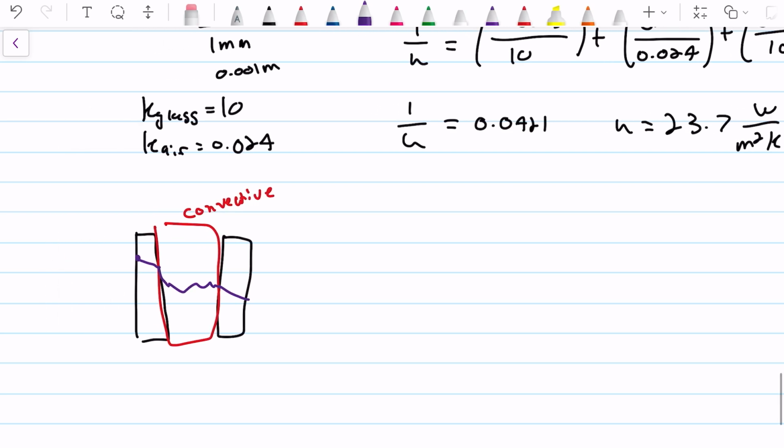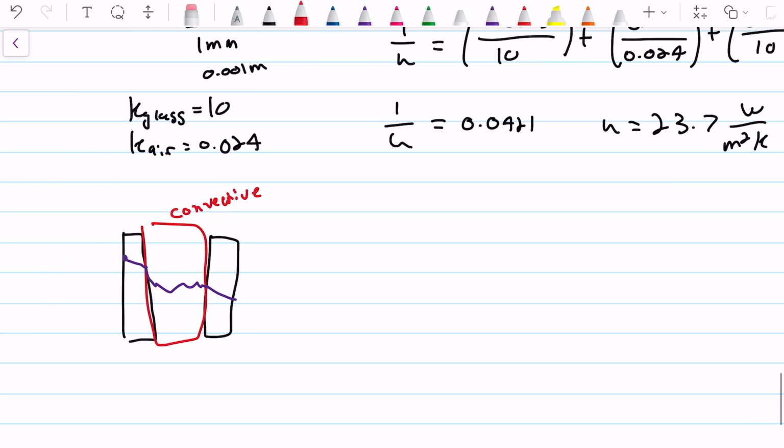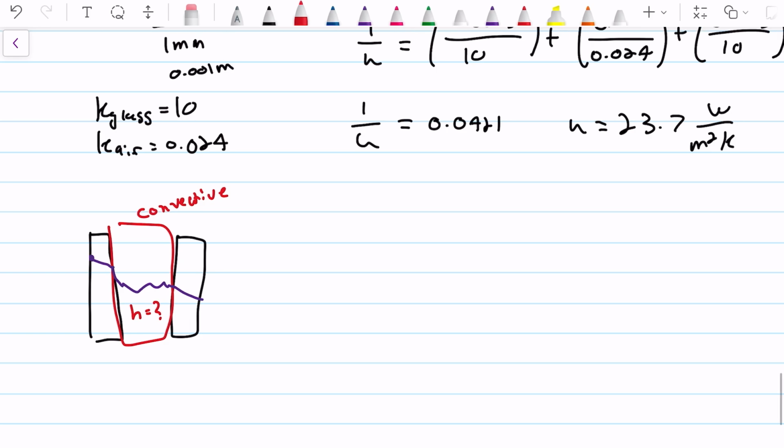And they want us to find the h for this, where it's equivalent to something. For what magnitude of convective heat transfer would the double pane system be thermally equivalent to a single pane thickness of 0.5 centimeters? Well, we should calculate that.